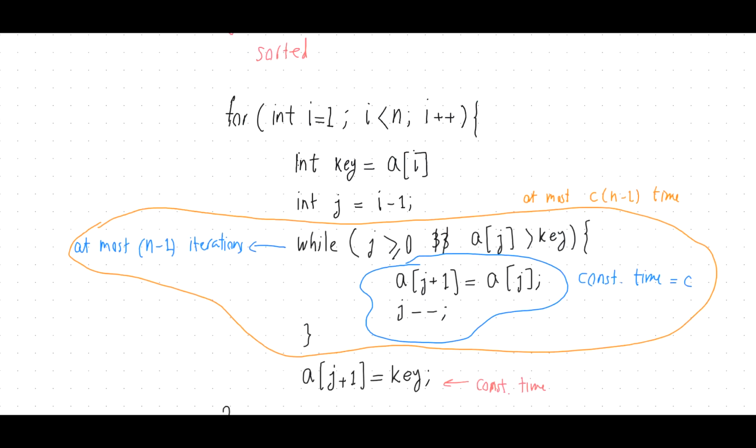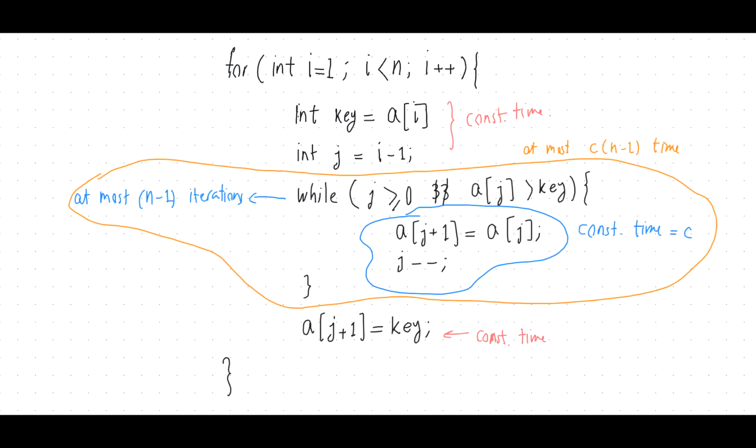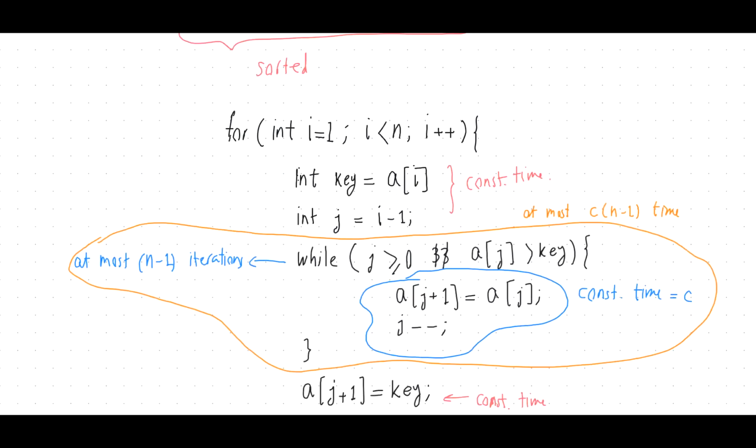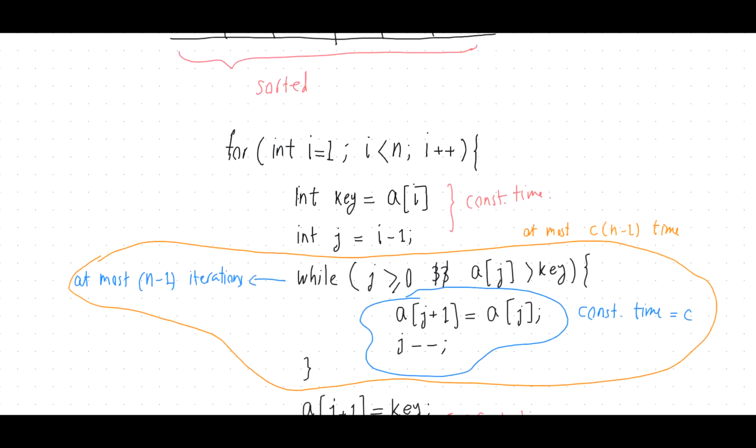These are also constant time. So they're insignificant compared to this loop here. So let me just ignore those because at the end of the day, they're not going to matter. So what it boils down to is how many times this for loop iterates. And that's simple enough. That's just n minus 1 iterations.